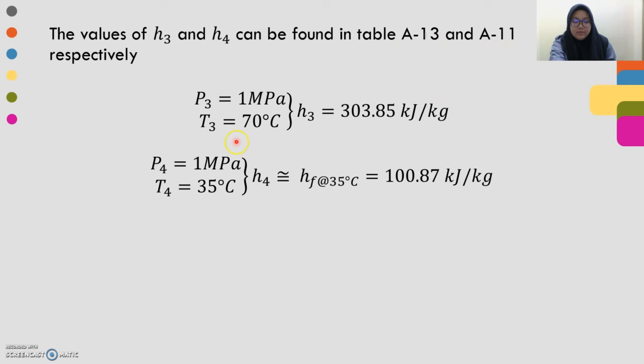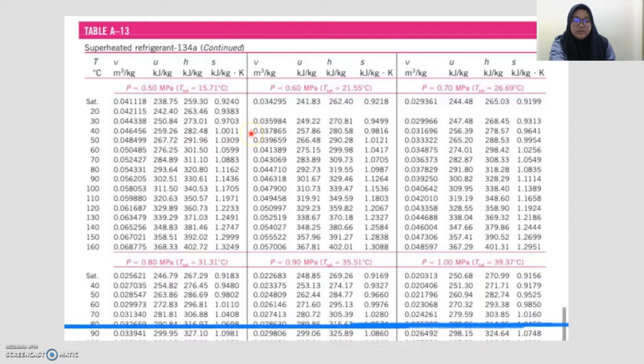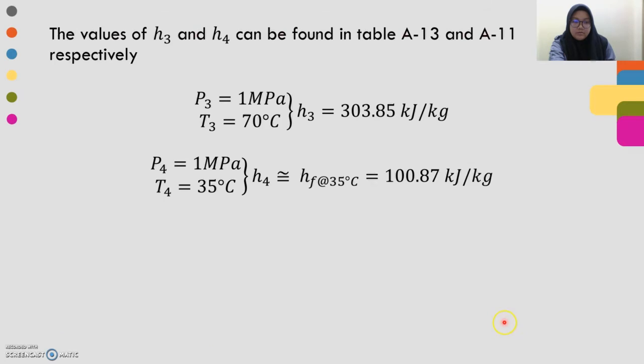For the first one, 1 megapascal and 70 degrees Celsius, we see in table A13 that it is superheated refrigerant. The pressure is 1 megapascal and the temperature is 70, so the value of H is 303.85. So here's the answer.